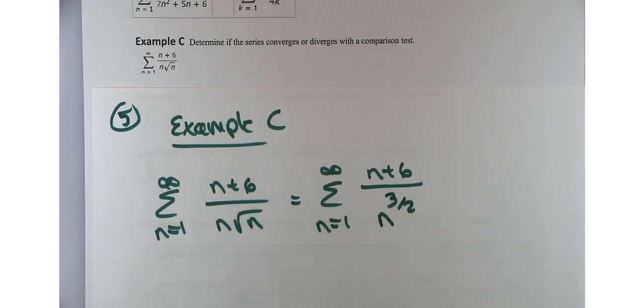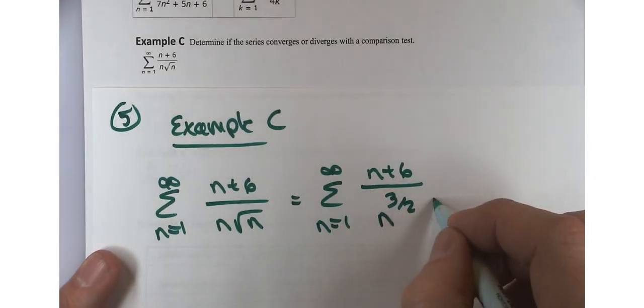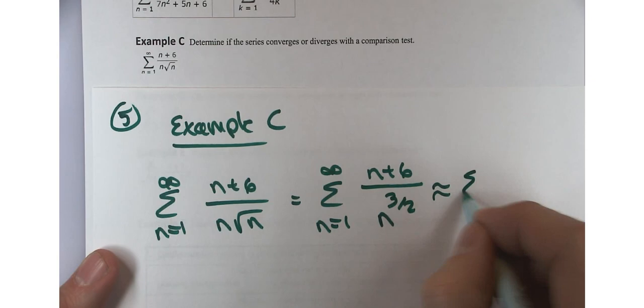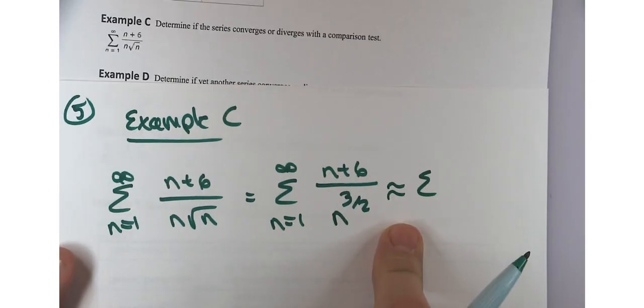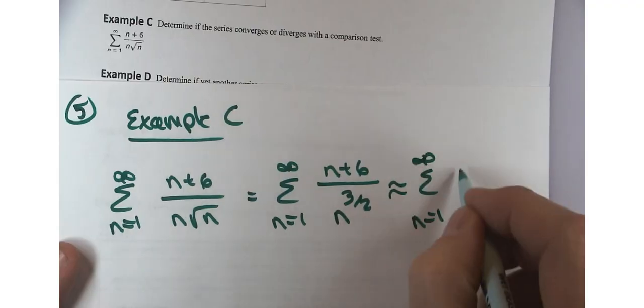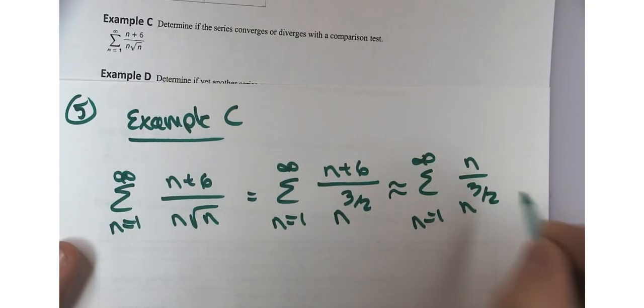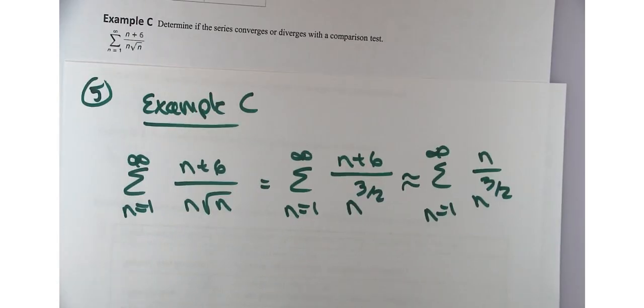Now when I look at this, I'm thinking that 6 isn't really going to matter. So I'll replace this with an approximately equal to the sum from n equals 1 to infinity of n over n to the 3/2. This is just kind of rough and ready work here.